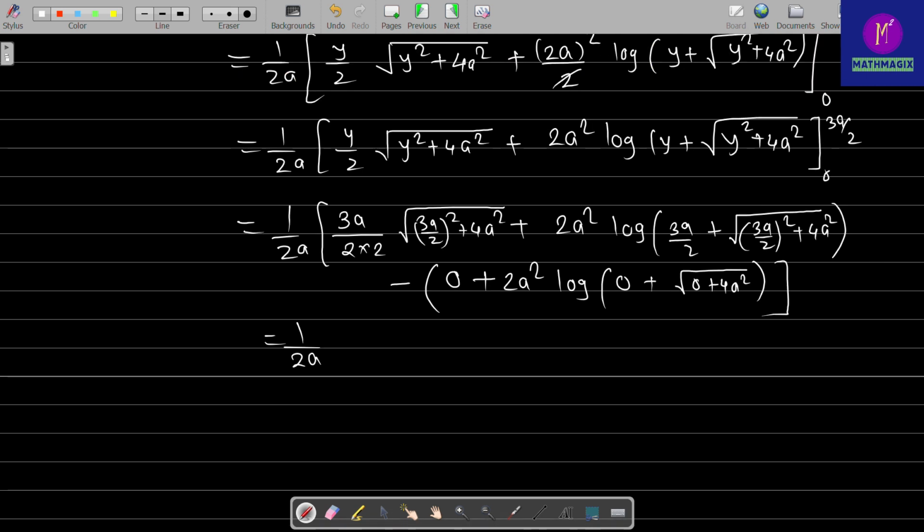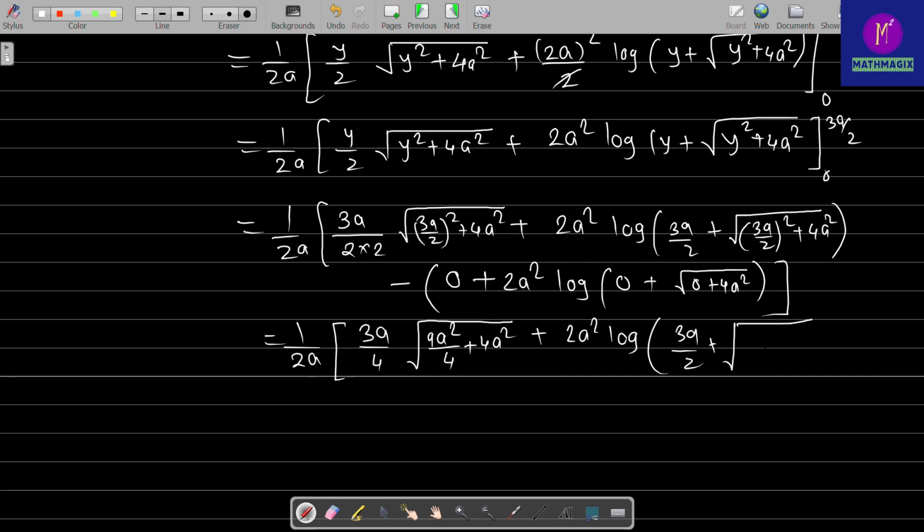This is equal to 1 upon 2a, inside the bracket 3a by 4 square root of 9a square by 4 plus 4a square, plus 2a square log of 3a by 2 plus square root of 9a square divided by 4 plus 4a square, minus 2a square log of square root of 4a square, which is nothing but 2a.